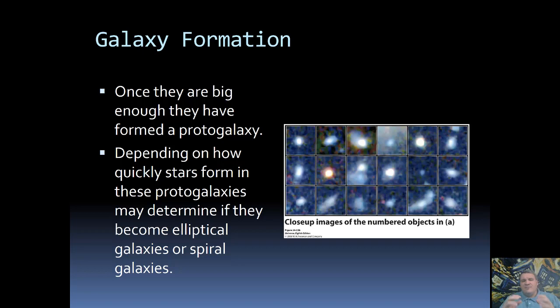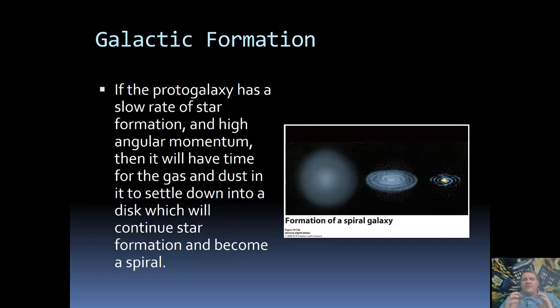Now, once these things are big enough, what determines whether they turn into a spiral or an elliptical is going to be the star formation rate. If we have one of these protogalaxies that has a relatively slow star formation rate and high angular momentum, then because the star formation rate is slow, all of that interstellar medium is going to be able to continue to sink.